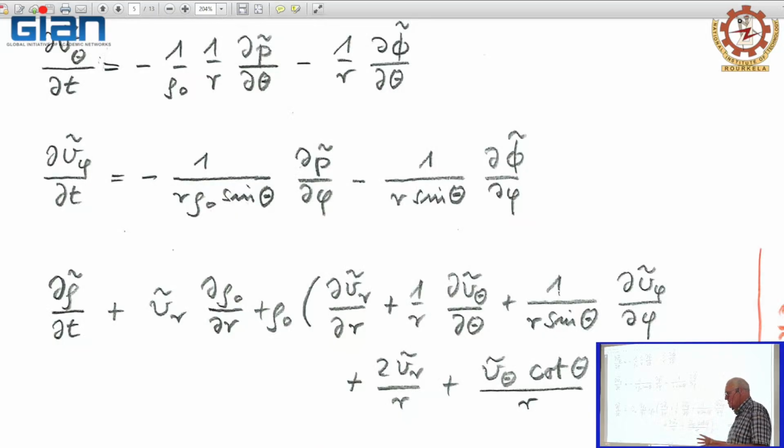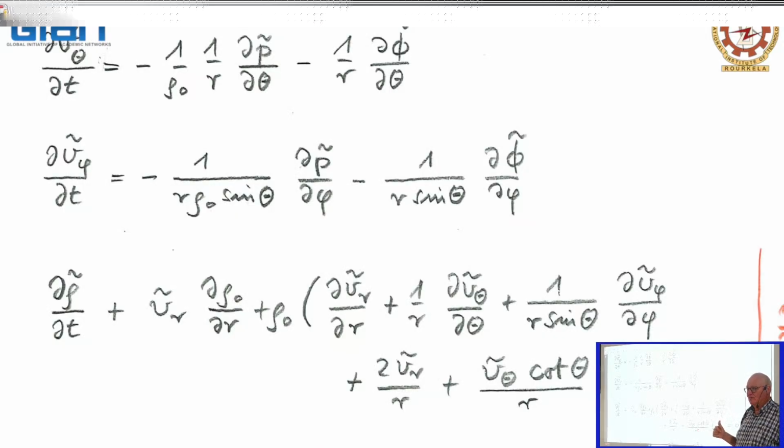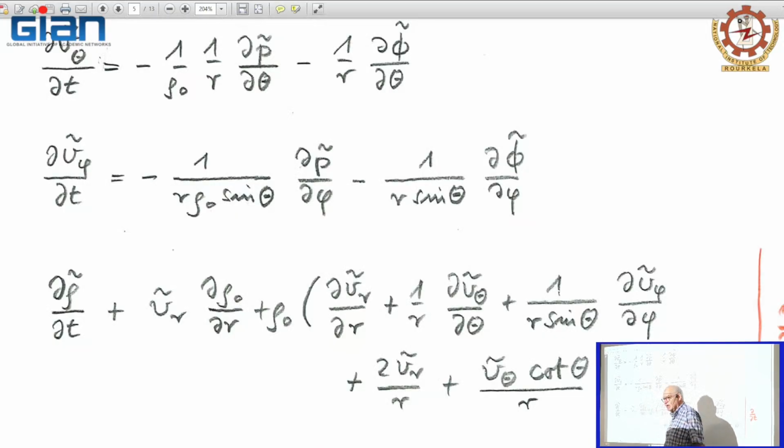This means the density is split into the stationary part and the perturbation, and then expand everything up to the velocity in the radial component times the gradient of the background model with respect to r. D rho naught by d theta and d phi is 0, therefore corresponding terms associated with the velocity components with theta and with phi are not present.